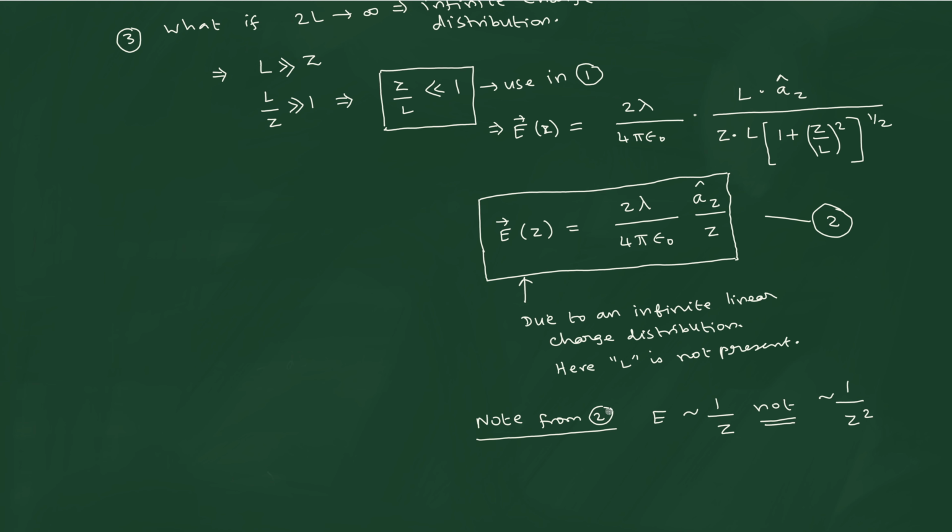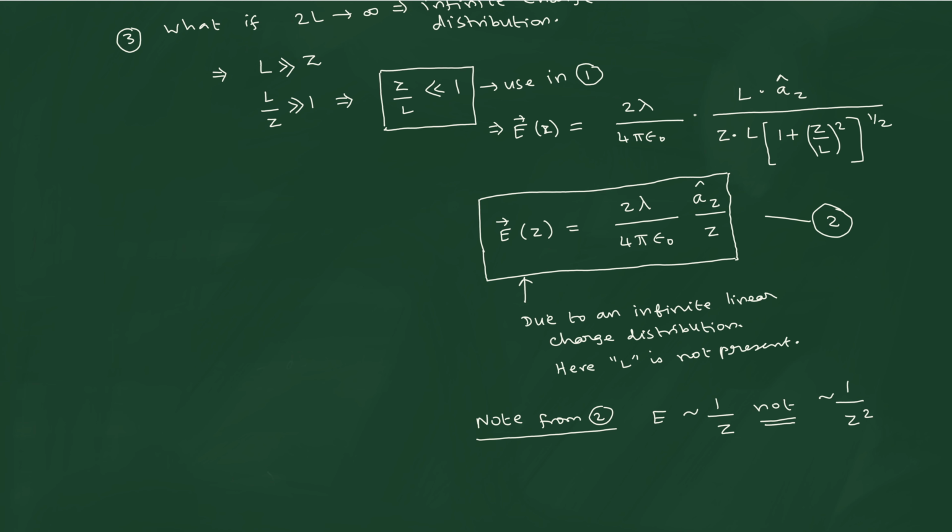So at those times, you need to do this kind of analysis and then realize which is correct. You can't say that Coulomb's law is always valid. Once again, Coulomb's law is valid only for point charges, and equation number 2 is for infinite charge distribution. Okay, so this is the interesting result.